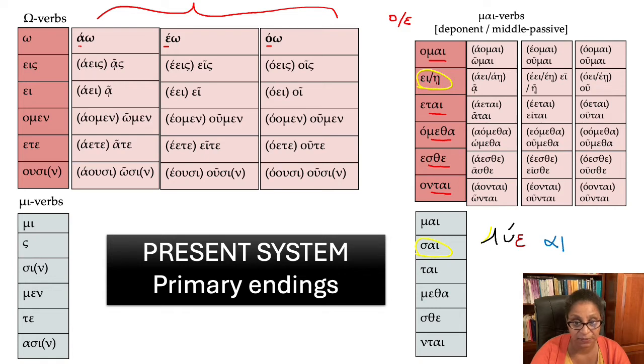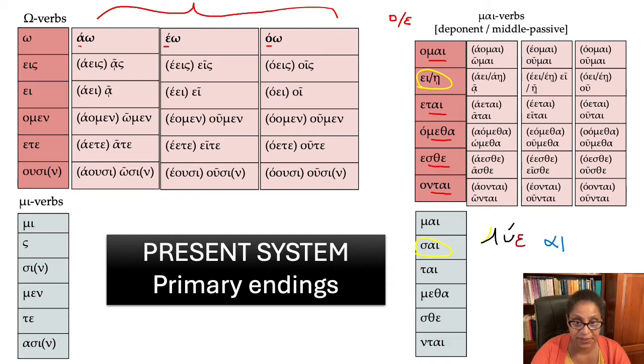Sigma falls out, and then we're going to now have lu e i. Okay, and we already saw that we don't like the situation of so many vowels together. So if you have epsilon alpha iota, what does that give you?